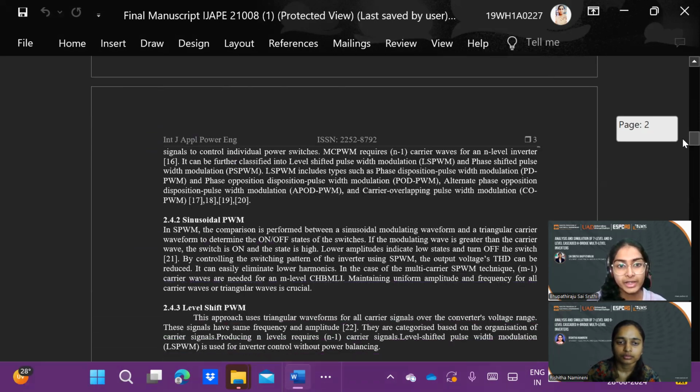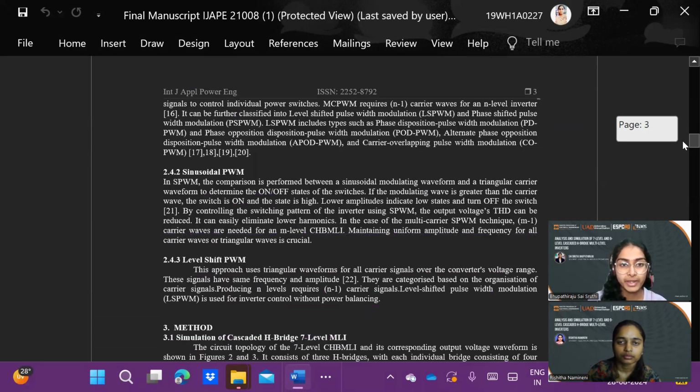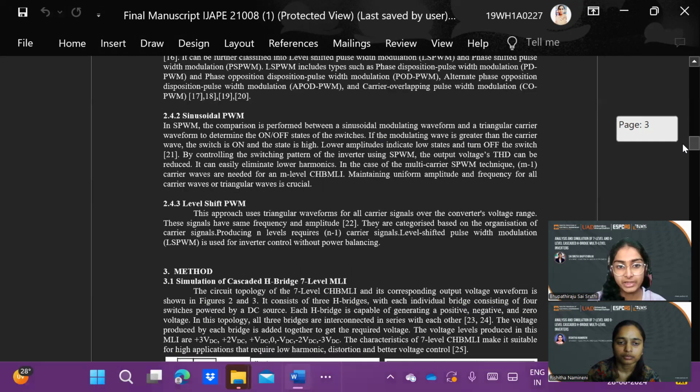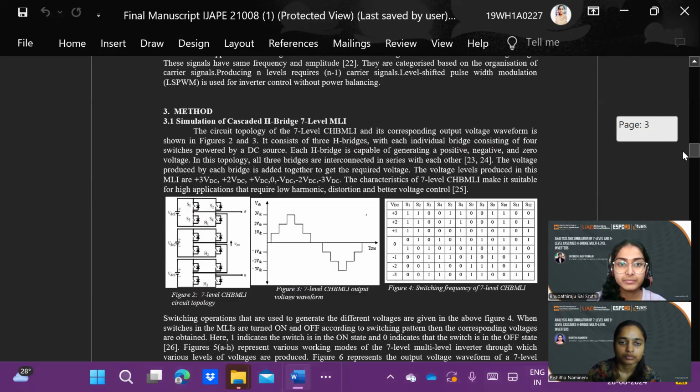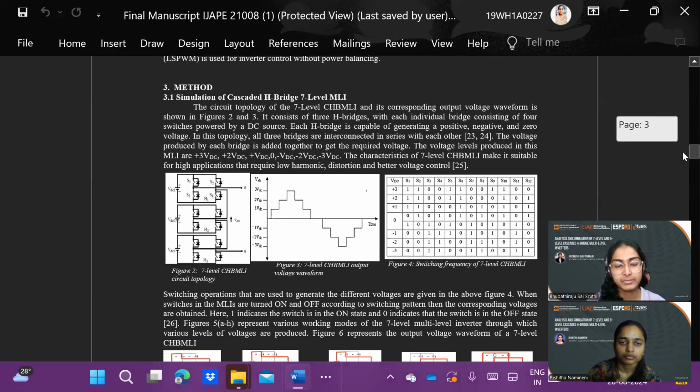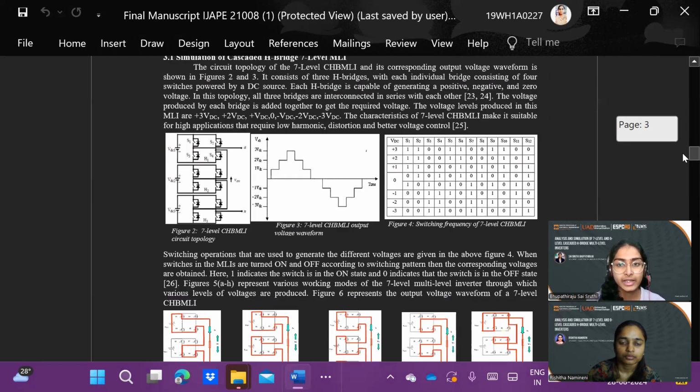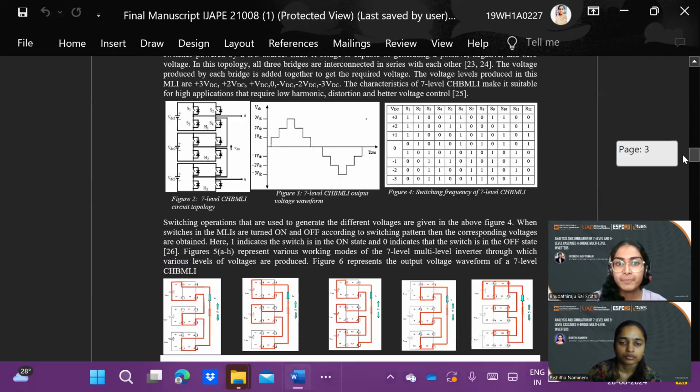Moving on, we have noted different PWM techniques like sinusoidal PWM and level shift PWM. As I said, upon considering various factors, we are moving with level shift PWM. This method part discusses the simulation of the cascaded H-bridge 7-level multi-level inverter, and the images illustrate the circuit topology, waveform, and switching frequencies.